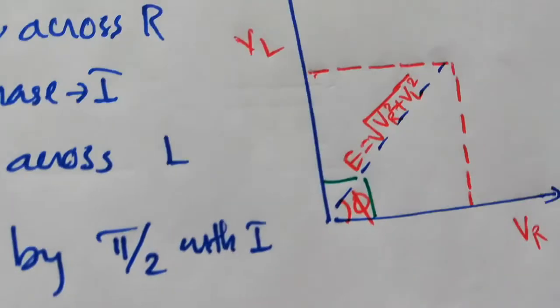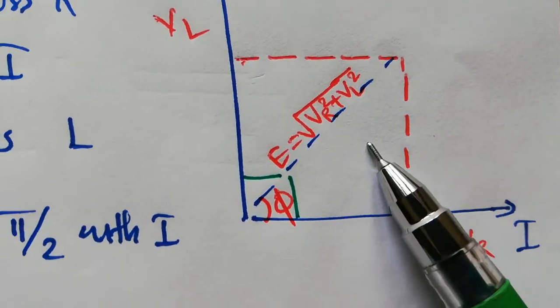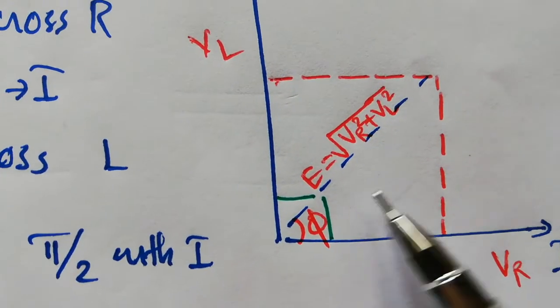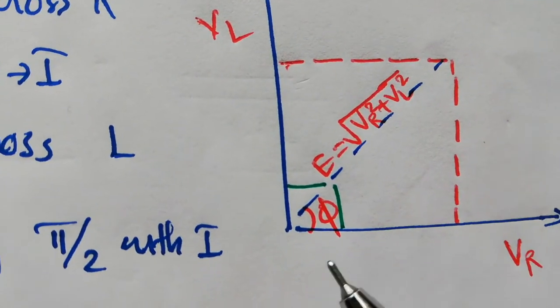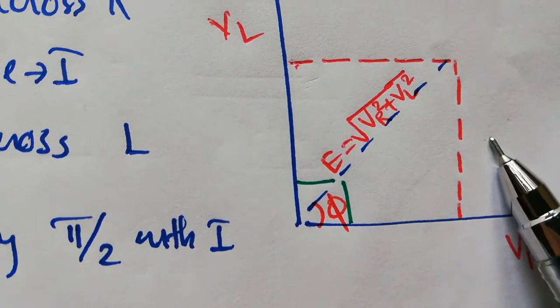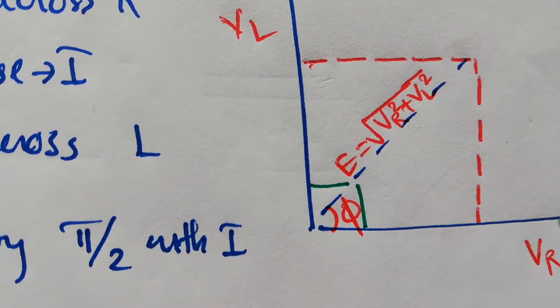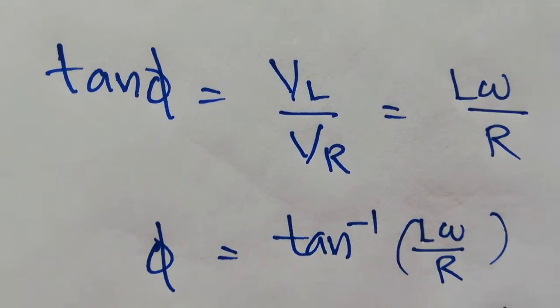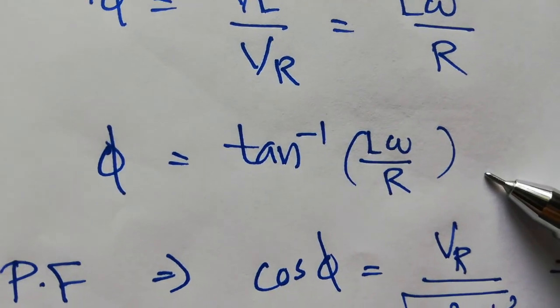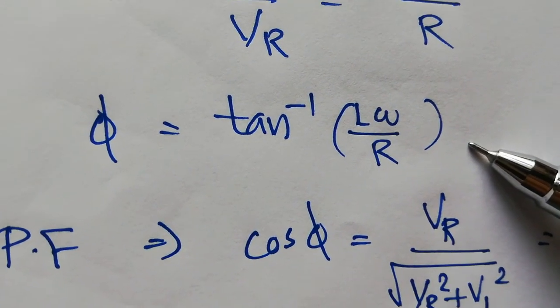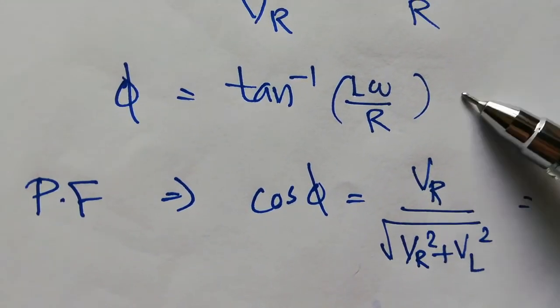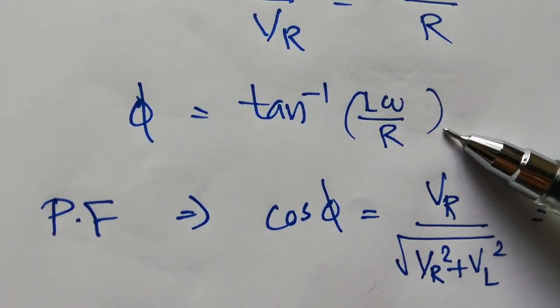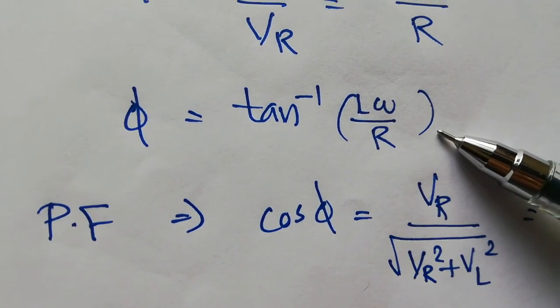Now we can go to the vector diagram. In this, the tan phi is from this figure VL by VR. This is the VL and this is VR. That is tan phi is VL by VR, that is L omega by R, so phi is equal to tan inverse L omega by R, which is the angle by which the applied EMF is leading the current.